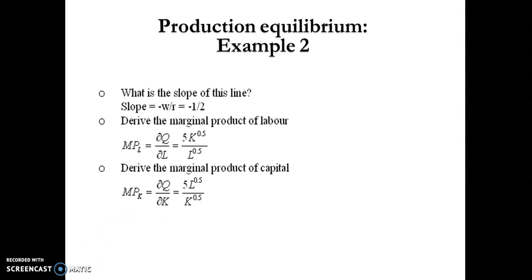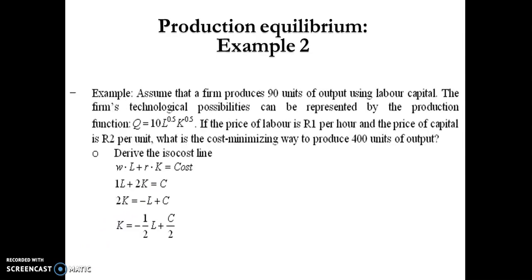So let's go back to the function just to see the original function. The original function, output Q, is equal to 10L to the power of a half times K to the power of a half. So if I get my partial derivative of my output function with respect to labor, treating capital constant, I'm just going to differentiate here.